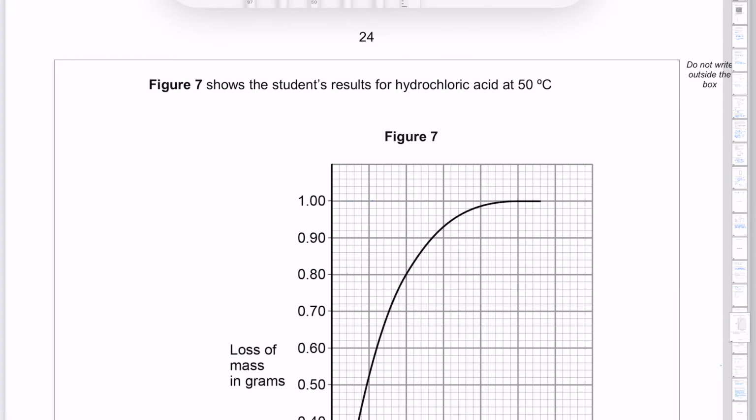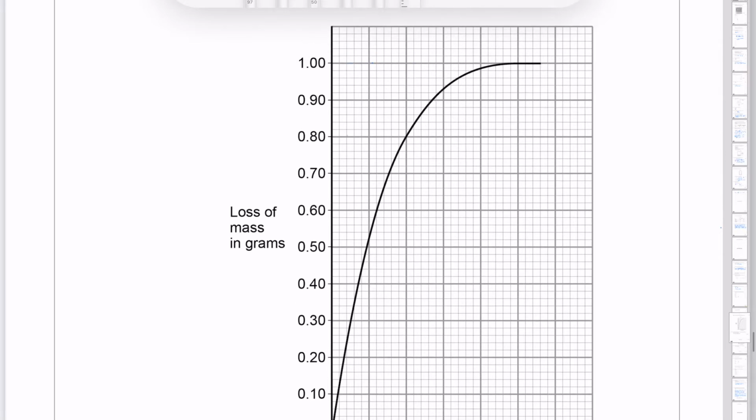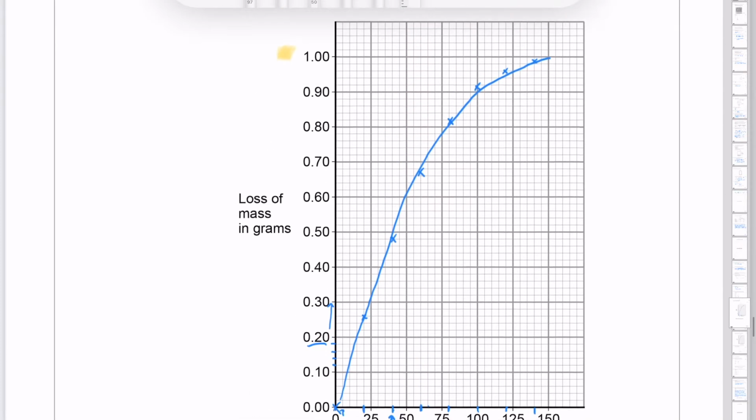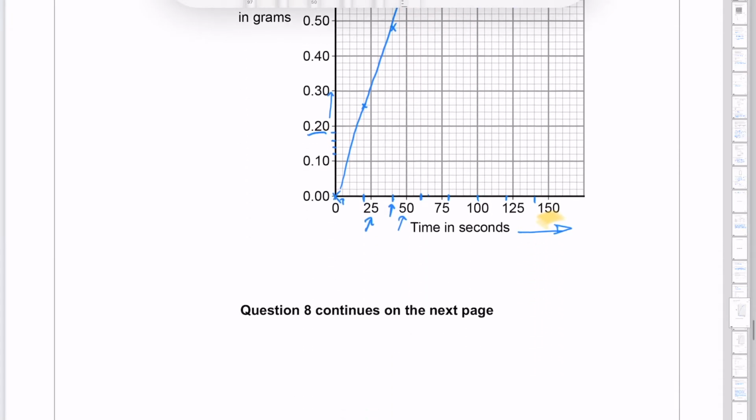It shows the results for hydrochloric acid at 50 degrees C, following the method earlier. And what you can see is that it reaches 1 gram in 125 seconds, which is quicker than the previous one, which hadn't reached 1 gram even in 150 seconds or 140 seconds, which was the one that was recorded.